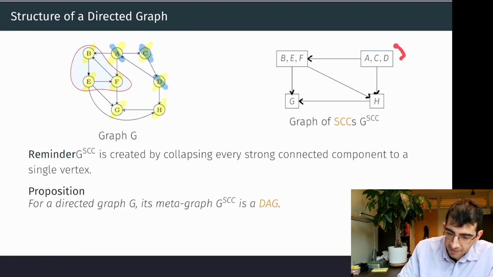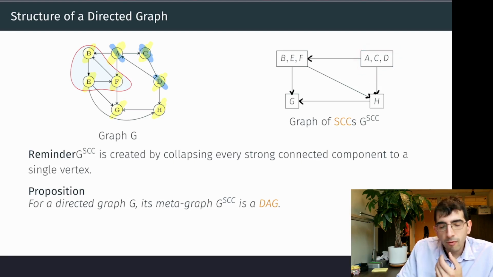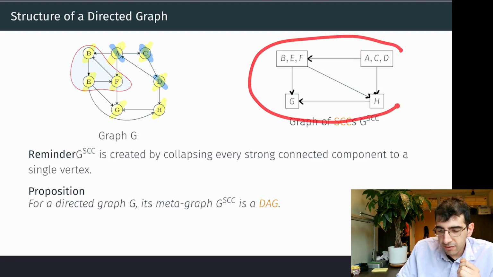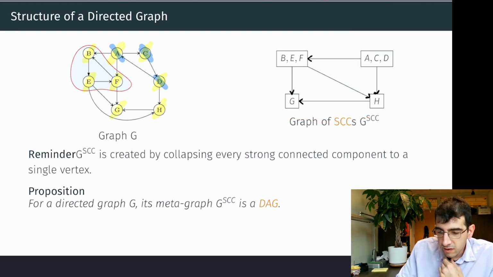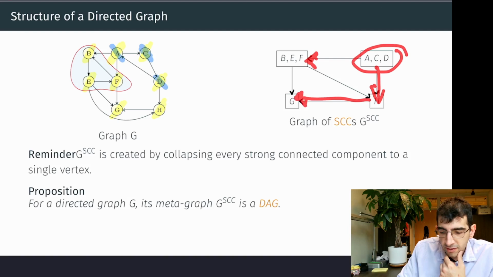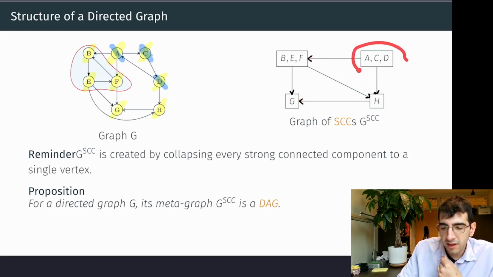Let's go back to the graph. It somewhat makes sense why we're visiting every single vertex, because if we look at the metagraph of strongly connected components, we see that ACD is a source. From ACD, we can reach every other strongly connected component in the graph. So when we run DFS on any of the vertices in ACD, we end up visiting every single vertex in the graph.